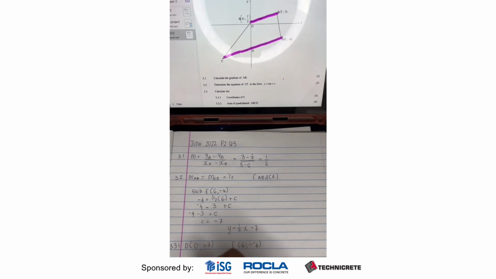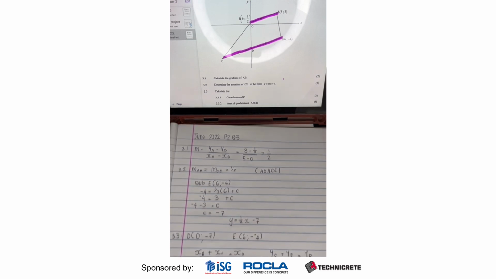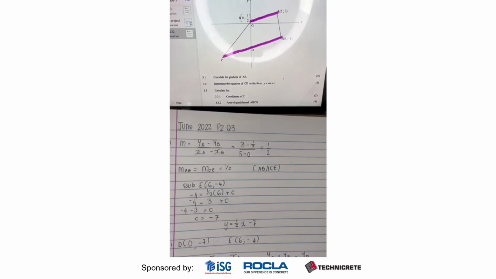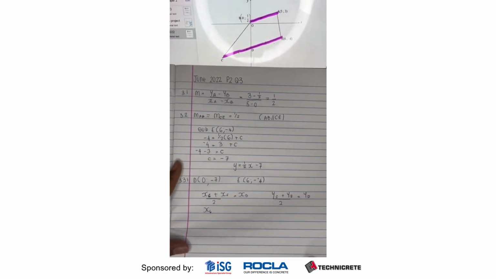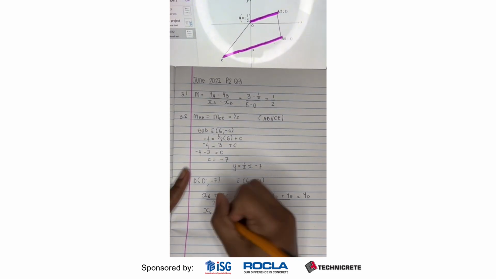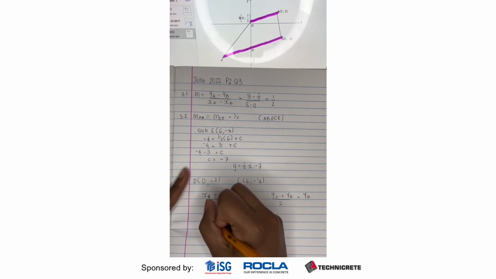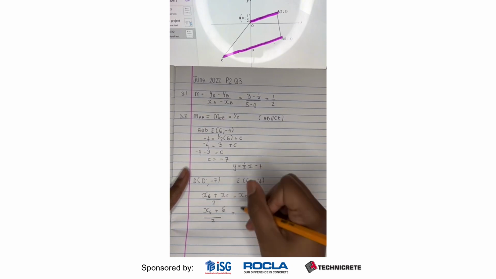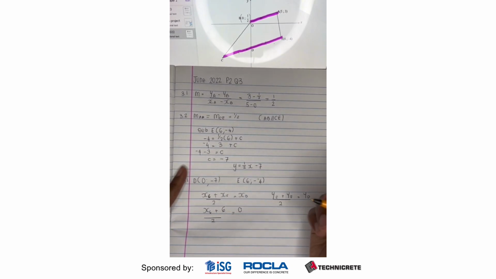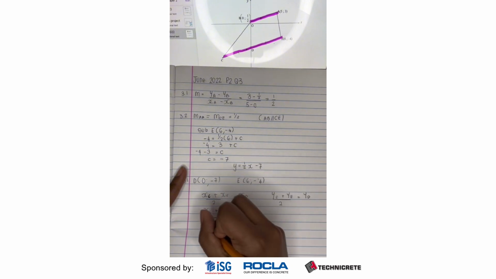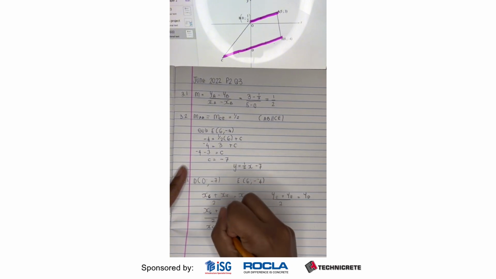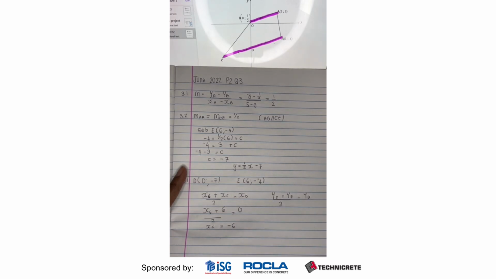So x of C is what we're looking for. We know our x of E is 6, over 2 is equal to x of D, which is 0. So what are we going to have here? We're just going to have x of C is equal to -6, because 2 times 0 would be 0.